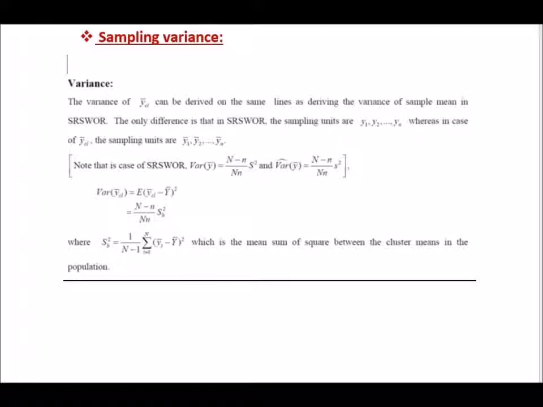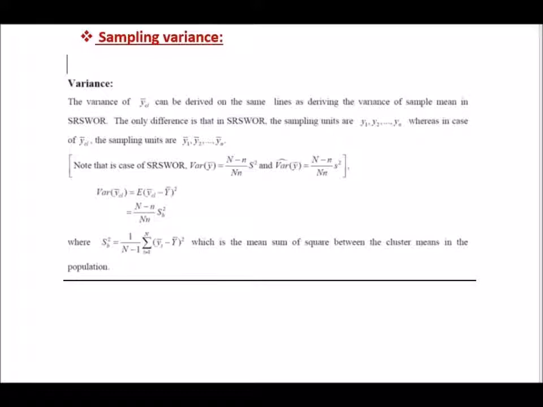The only difference is that in SRSWR the sampling units are Y1, Y2, up to Yn, whereas in cluster sampling the sampling units for cluster Y bar are Y1 bar, Y2 bar, Y3 bar, up to Yn bar, as I said in the last discussion as well.